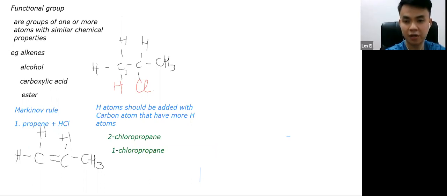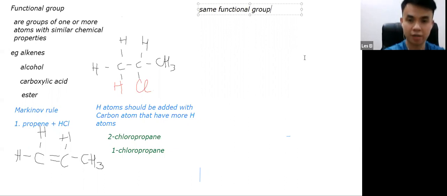So until here, let's say, for example, we talk about the same functional groups here. If they come from the same functional groups, they definitely have the same general formula.